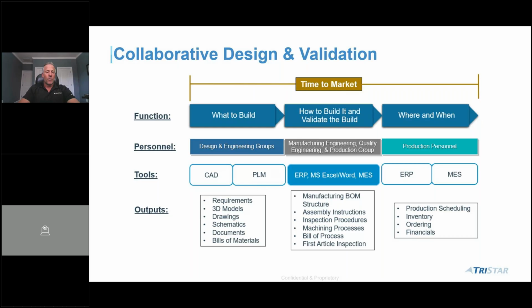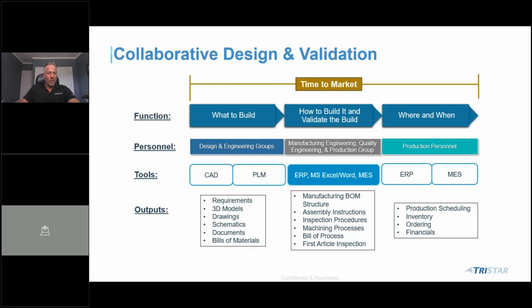Okay. And so when you look at a typical cycle, and it's a serial cycle, what we typically see is the what to build, the how to build, and validate the build, and the where and when become very serial. And so it's very difficult, just like it was in your life cycle states, to shrink that time to market if you don't start overlapping these items. Okay. And so this obviously is a whole organization.